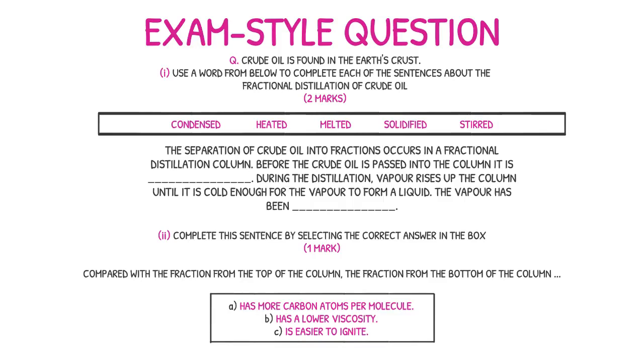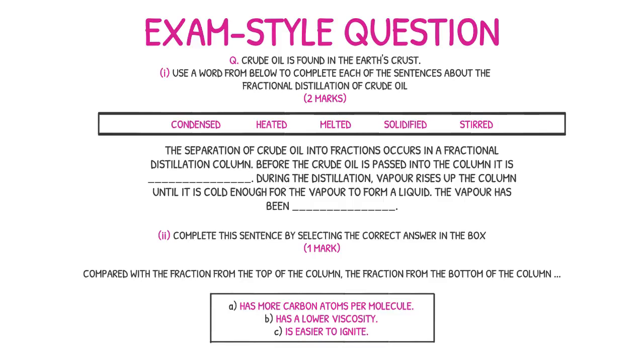Crude oil is found in the Earth's crust. Use a word from below to complete each of the sentences about the fractional distillation of crude oil. This is a nice, easy 2-mark question. The correct sentences should read as follows. The separation of crude oil into fractions occurs in a fractional distillation column.